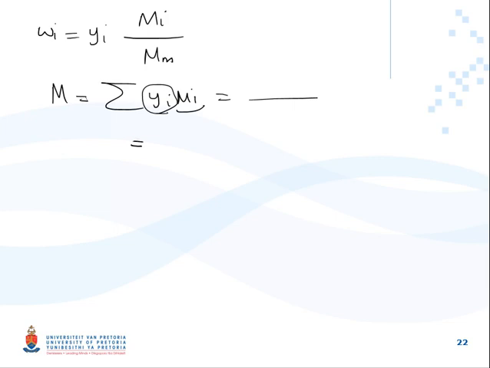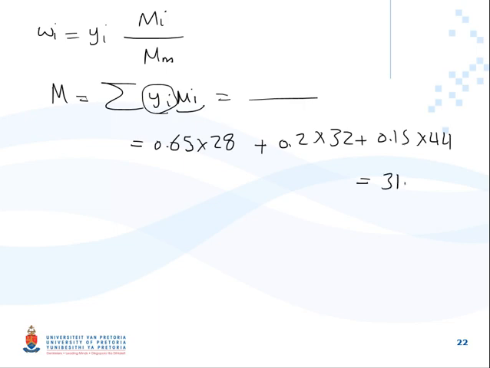So it is 0.65 multiplied by 28 plus 0.2 multiplied by 32 plus 0.15 multiplied by 44, which is equal to 31.2 kilogram per kilomole.